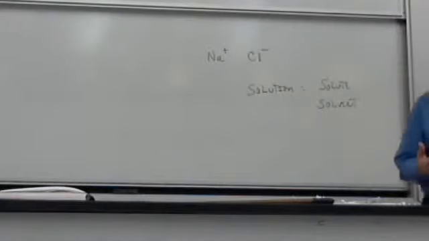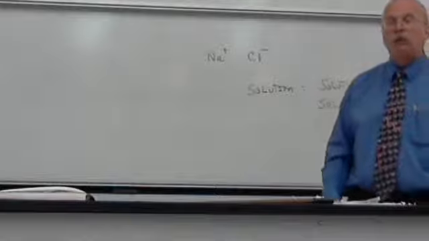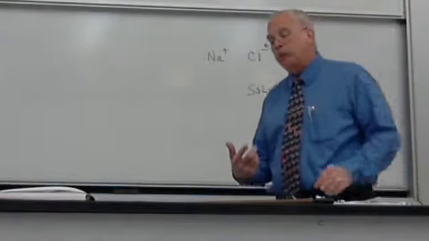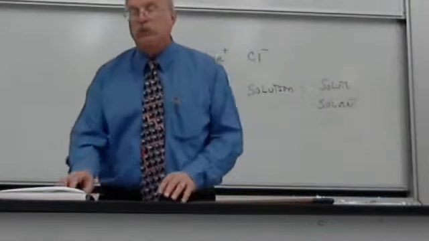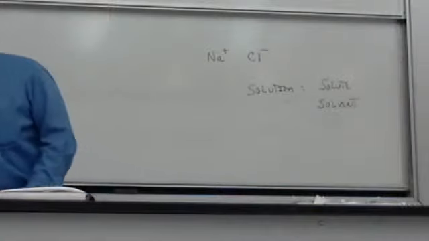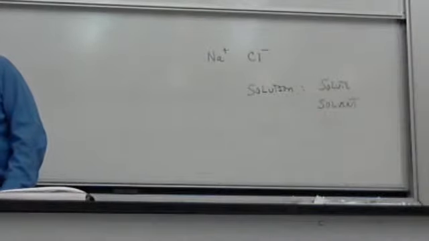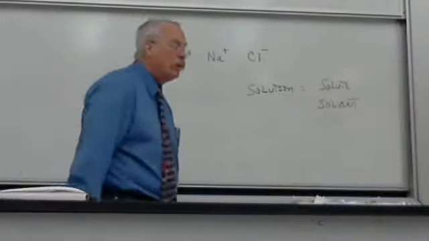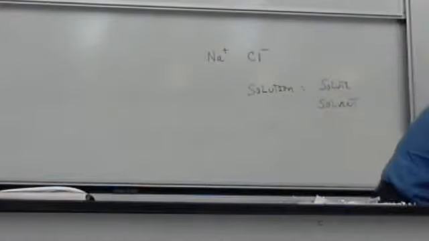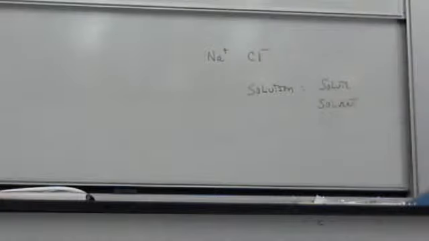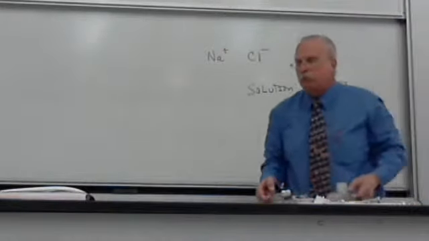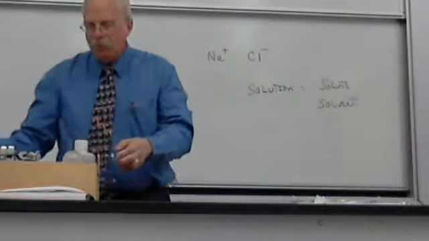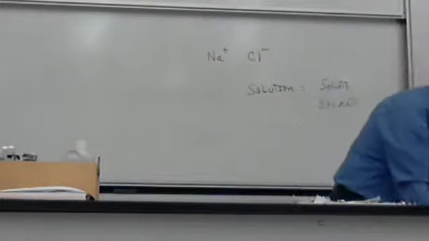Is there a test that I could run that would allow me to know that something has dissociated into its ions? The answer is yes. One of the things that we observe for a property for substances that dissociate in water is that they are electrical conductors. So I brought a little device today that we can take a look at.